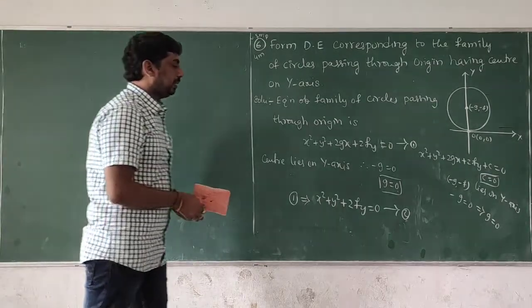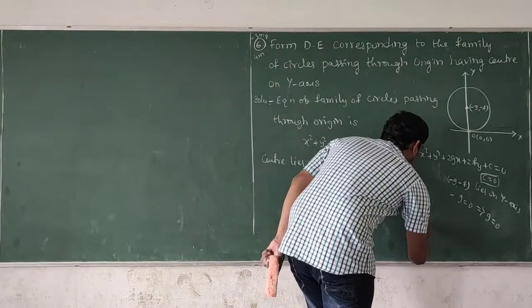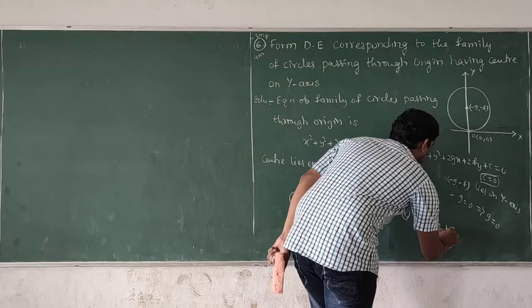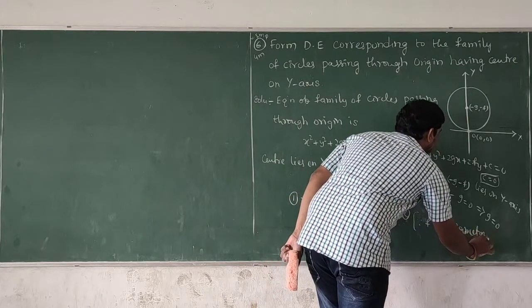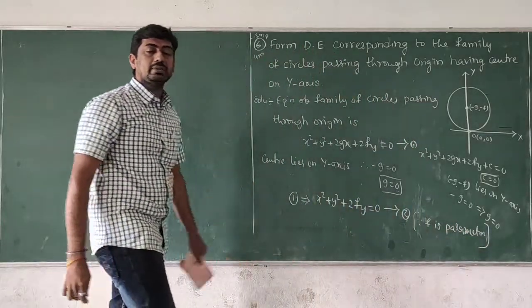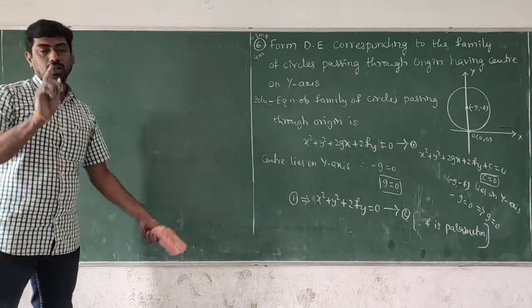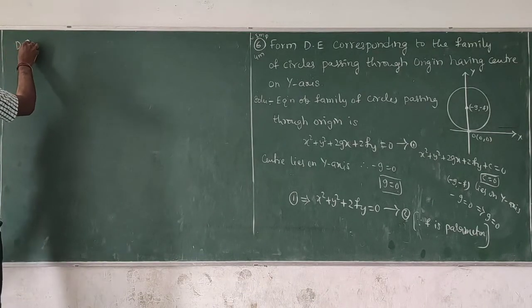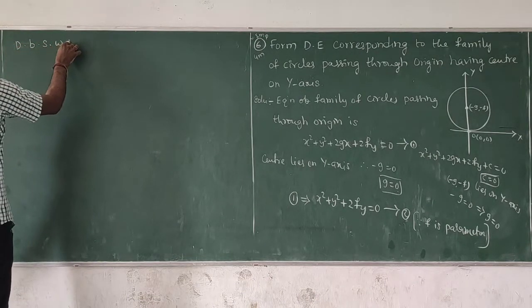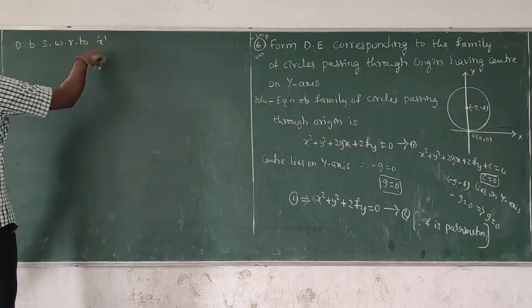How many parameters do we have here? Since f is the parameter, only one. That's why we need to differentiate the given equation only one time. So differentiate both sides with respect to x.